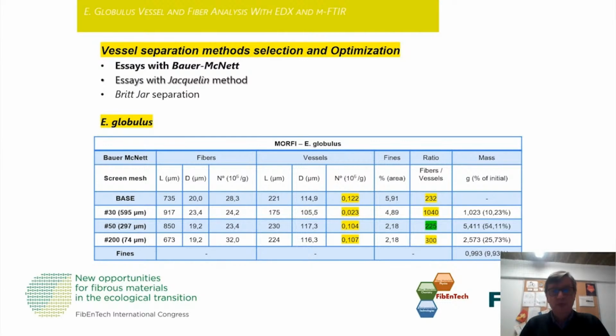The results for eucalyptus globulus showed that the highest ratio of vessels comparatively to fibers was obtained on screen mesh 15.